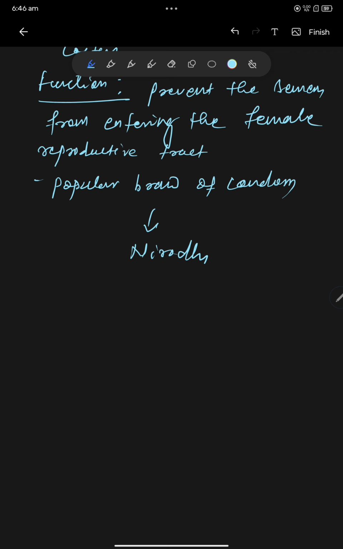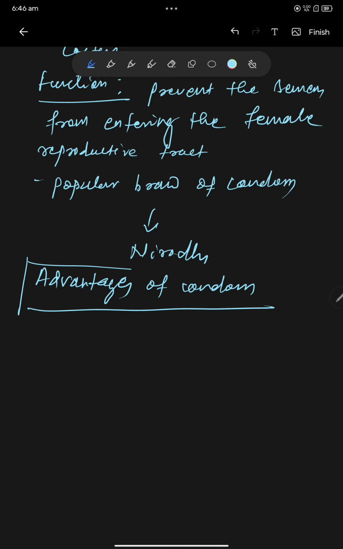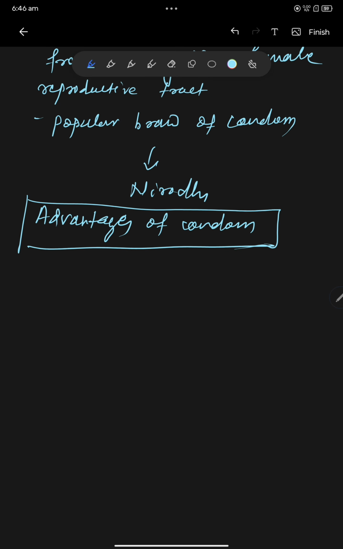Because it has many advantages. The advantages of a condom are very important. First, it prevents contraception like all other contraceptive methods.